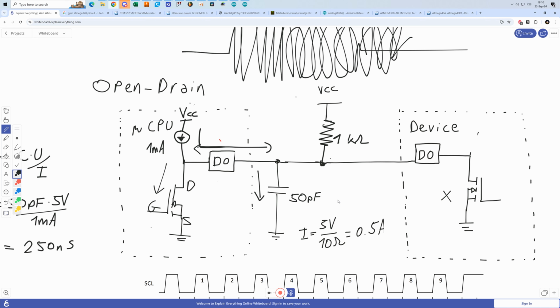So you should now have some understanding about GPIOs. We've talked about using GPIOs in analog and in digital configurations. We've talked about different configurations of digital circuitry and the communications bus.